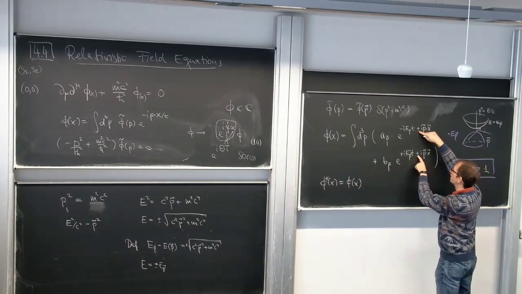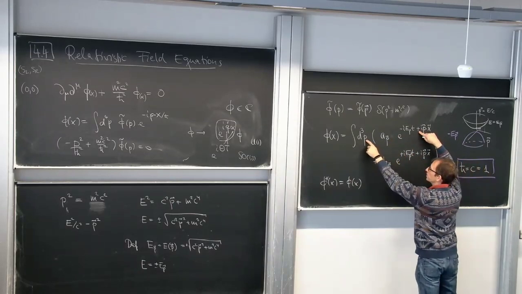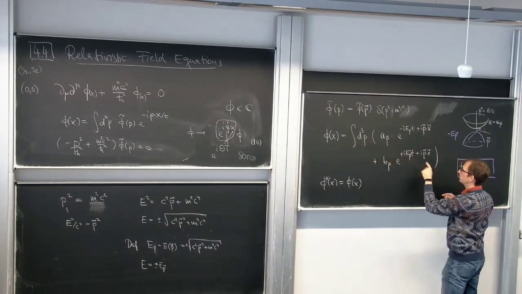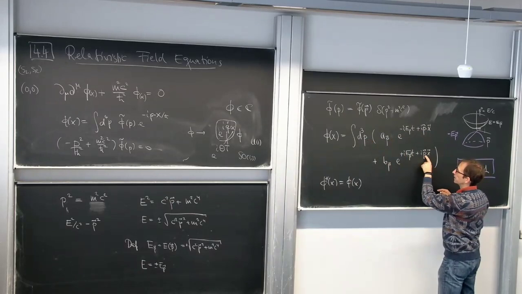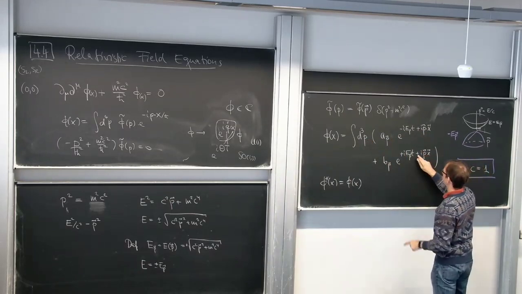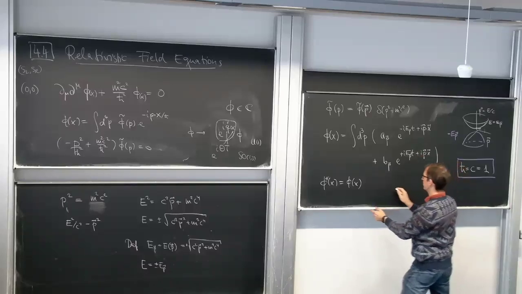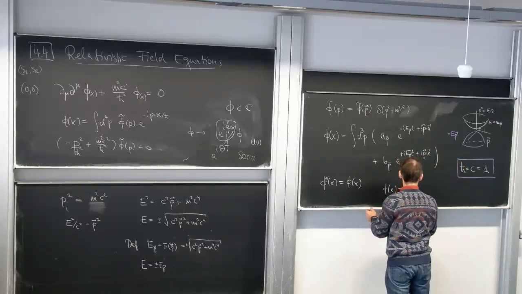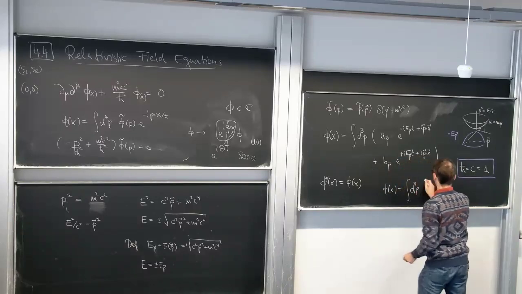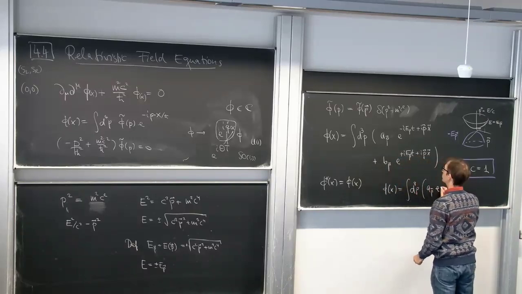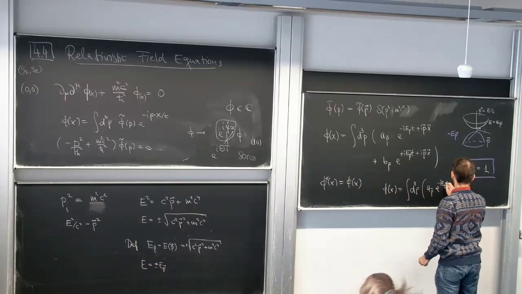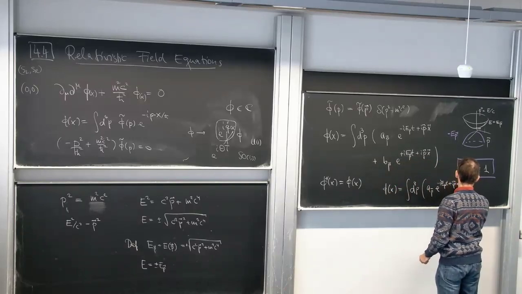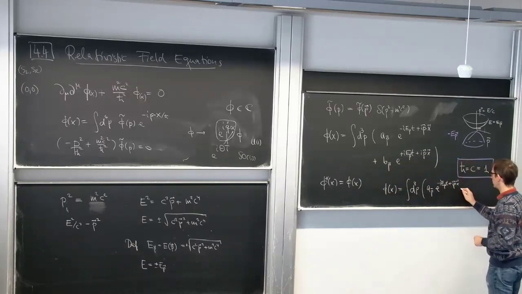But then people say, okay, I do a change of variables. I substitute p by minus p. Then I get minus p here. It changes the sign. So phi of x is the integral d^3p of A e to the minus i p x, and in the second I change p to minus p.